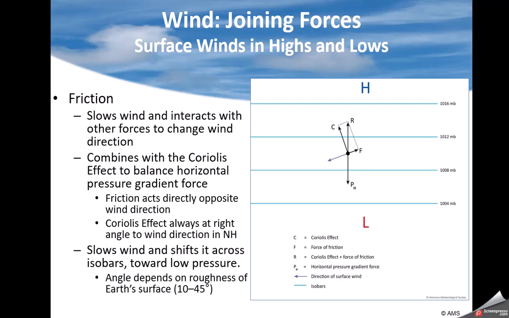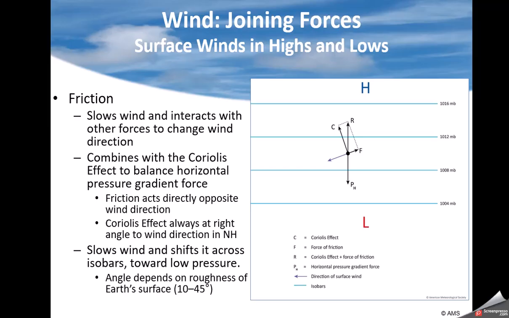Friction. When you get down close to the ground, friction is greater. So as that air parcel is accelerating across those isobars and being turned to the right, friction is slowing that wind speed. Because it slows the wind speed, it causes the wind speed not to be balanced with the Coriolis effect.